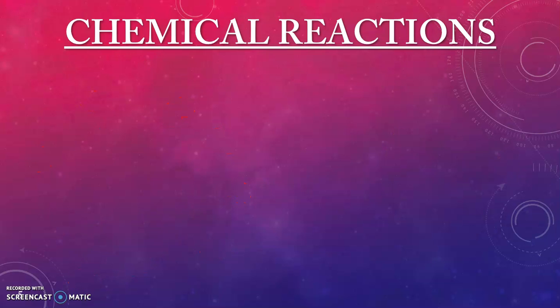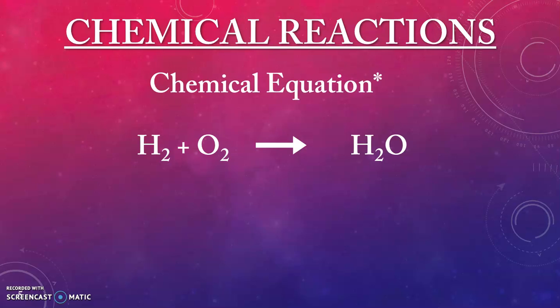So this top part is actually called a chemical reaction. Here's our H2 plus our O2 is going to yield H2O. And again, this one's called a chemical equation. And notice there's a little asterisk on there. We'll talk about that in a little bit. With a chemical reaction, we have H2 gas, O2 gas, hydrogen and oxygen, and we yield water.